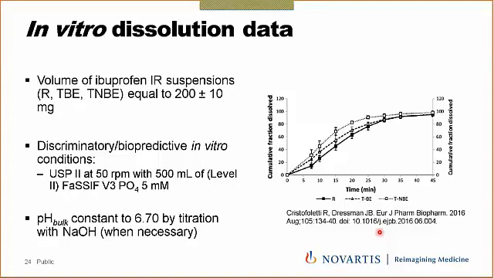And in addition to this experiment design, as it was observed that the surface pH of Ibuprofen is critical for the microenvironment and dissolution, the bulk pH was kept constant at 6.7, which is the bulk pH of FaSSIF version 3, by titration when that was necessary.